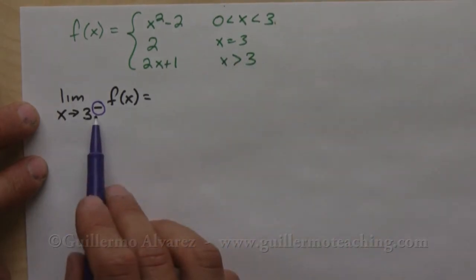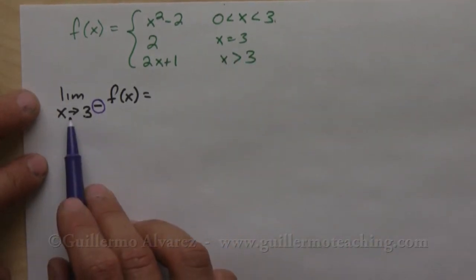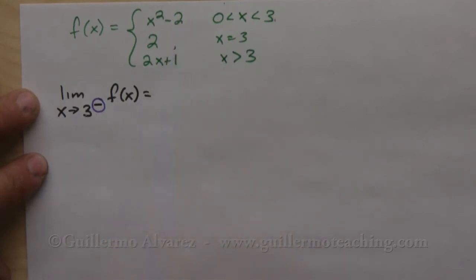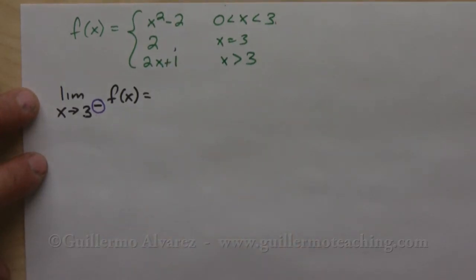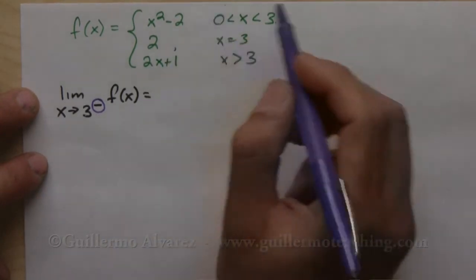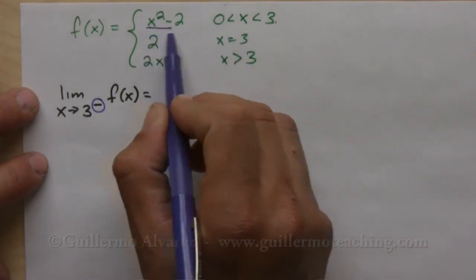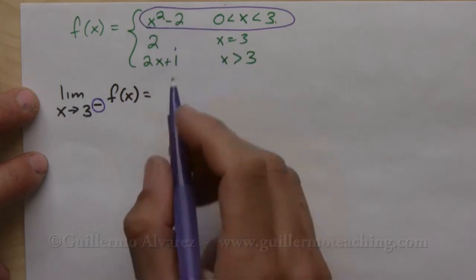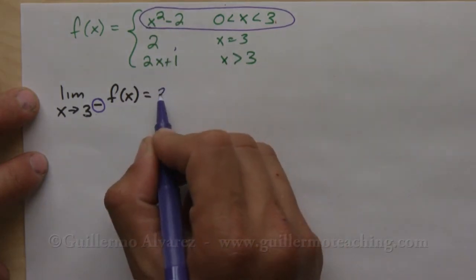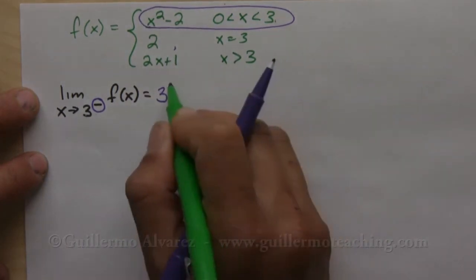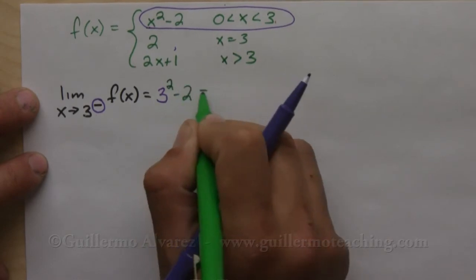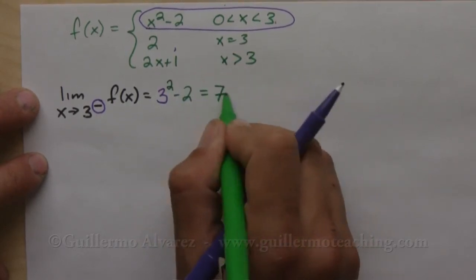So since these are numbers that are less than 3, then which one of these three would I use? Exactly. This one. So this means that I'm going to plug 3 into that first one. And that's going to give me 7.